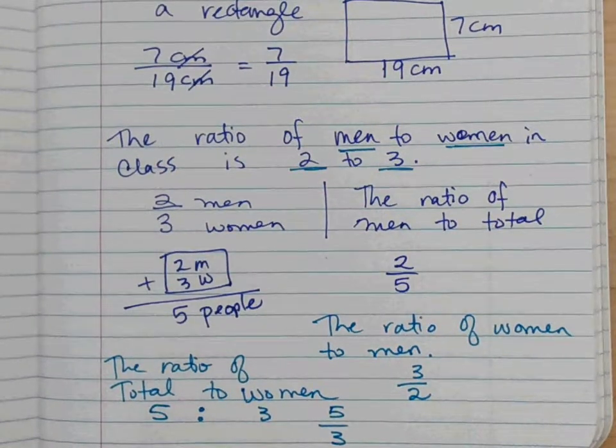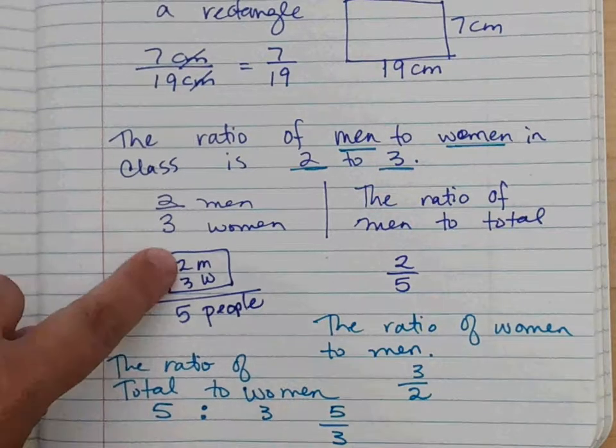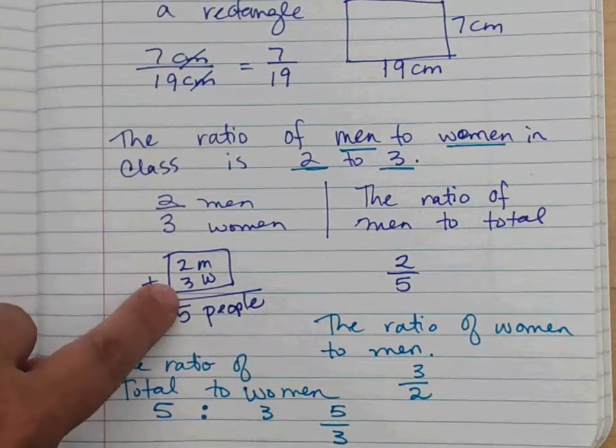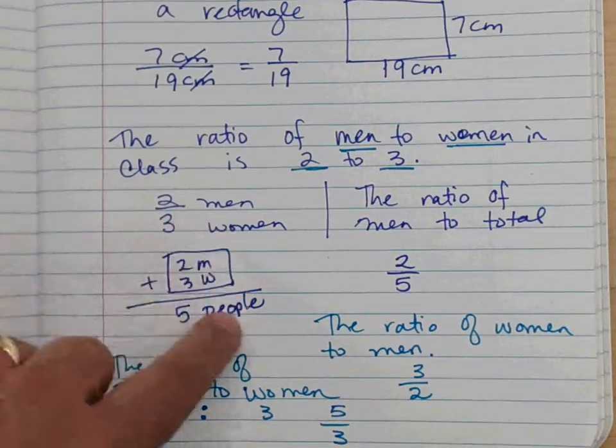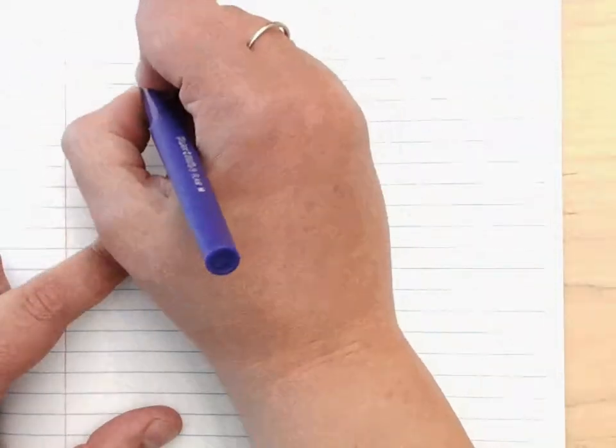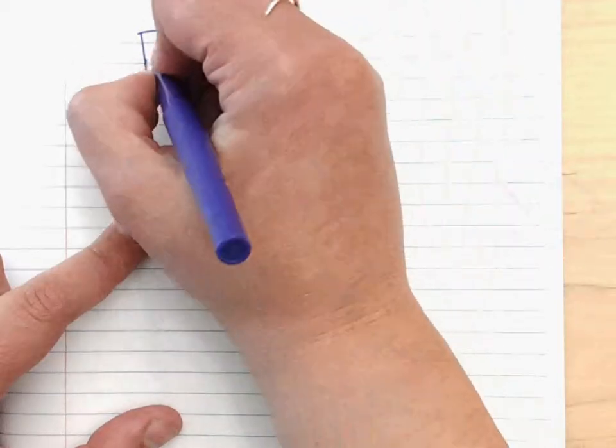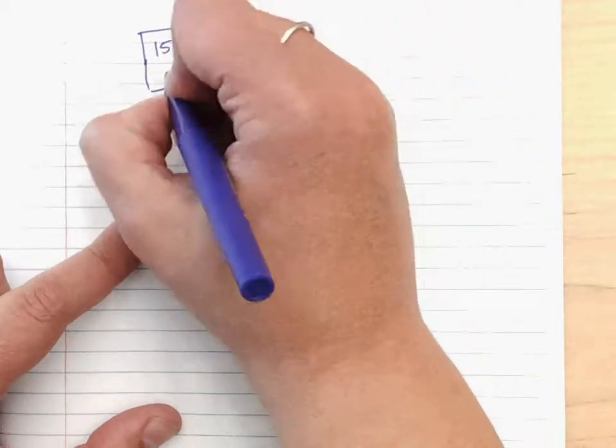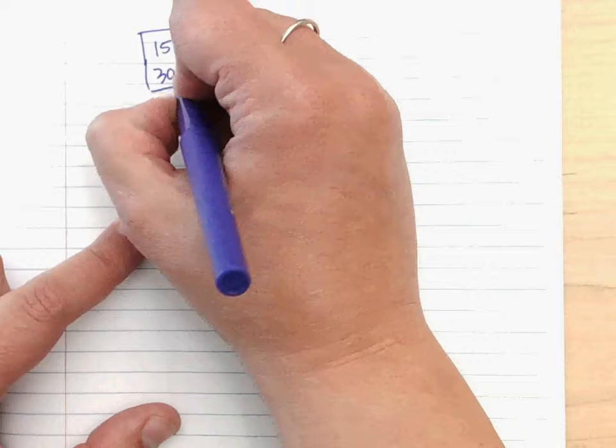Okay? And it doesn't necessarily mean that there's only 2 men in the class and only 3 women. This is actually a reduced ratio. So let's talk about reducing for a minute. Let's say in the actual classroom, so I'm going to draw the classroom, okay, that there's actually 15 men and 30 women.